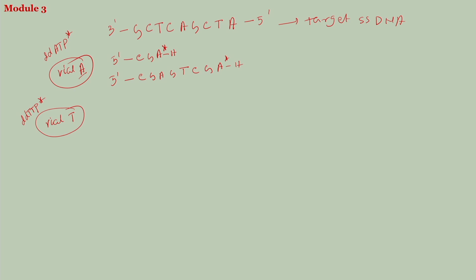What are the fragments that you are going to get here? 5 prime C G A G T. So, here you have the possibility of picking up the thymine, and that thymine can be the ddTTP, and here it will stop the chain.